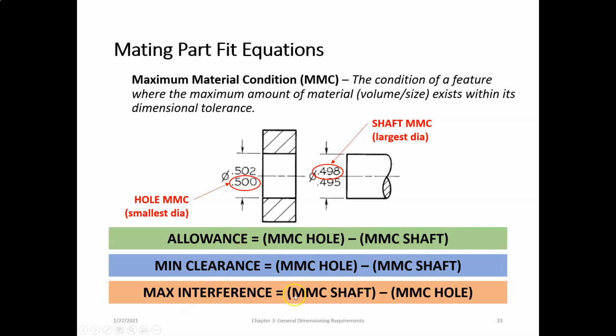But for the maximum interference, we just flip these two around: MMC shaft minus MMC of the hole. So really, the fundamental concept here is that we want to pay attention to the MMC sizes of the positive and negative mating features. The hole is the negative feature, the shaft is the positive feature.